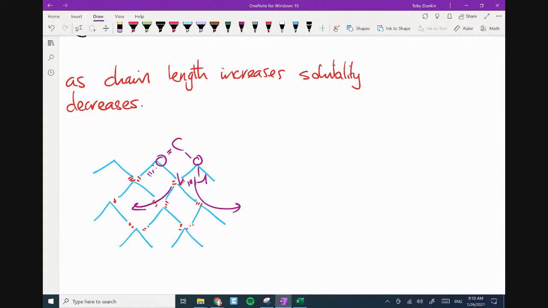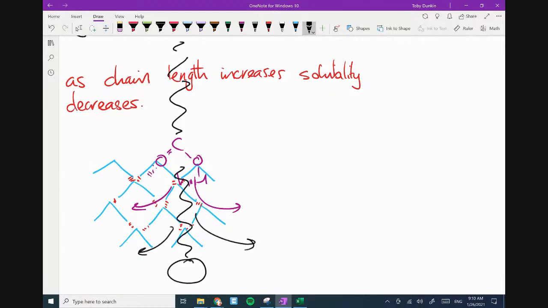But as the chain gets longer and longer, you have to push more and more waters aside as it enters into the system. Does that make sense? Yeah. So eventually, because the chain can only form London dispersion forces, they'll just become insoluble entirely. Yeah. And by the way, it's surprisingly short.